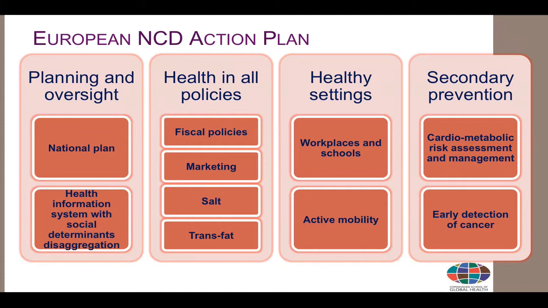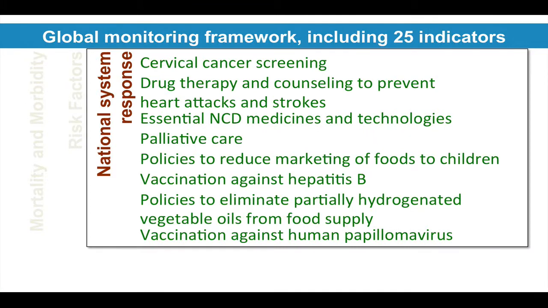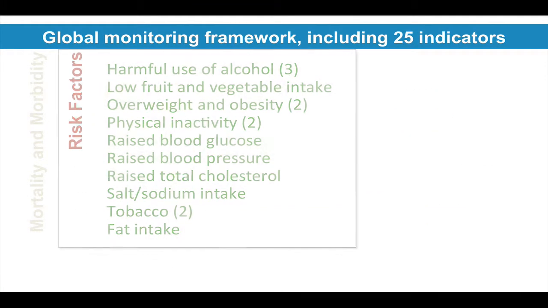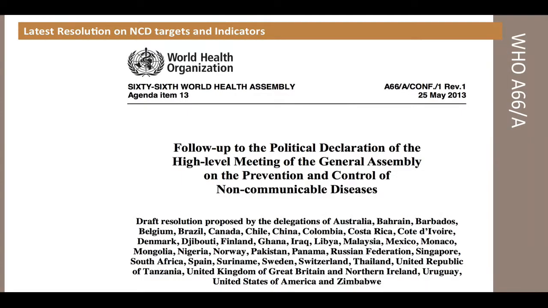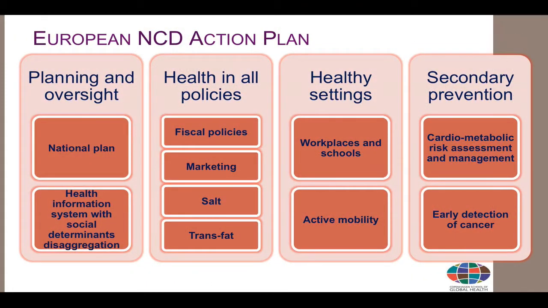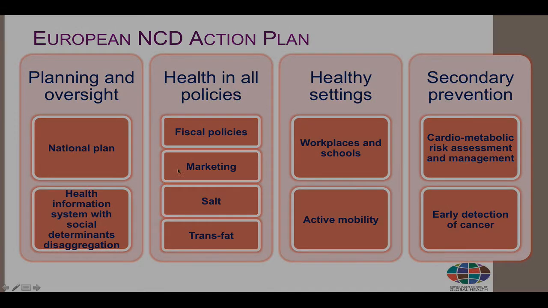And if you have the list of the indicators from the previous slides in mind, you realize that some of those you can easily find here: salt reduction, trans fats, early detection through cancer screening programs, risk assessment and management in high risk people or people with already an event for secondary prevention.